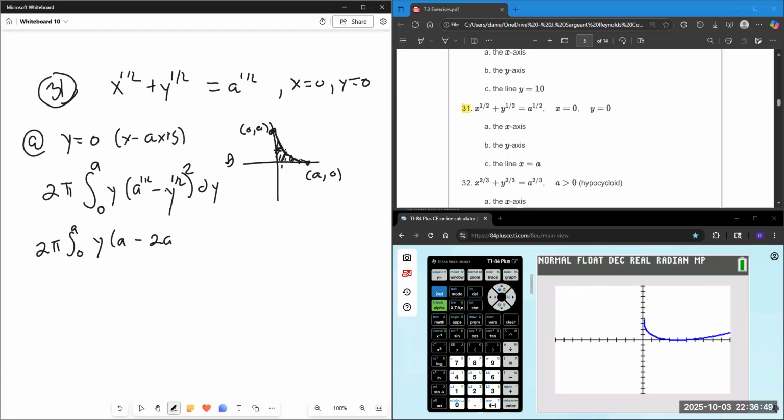a minus 2a to the 1/2 y to the 1/2 plus y dy, 2 pi, 0 to a, y minus 2a to the 1/2 y to the 3/2 plus y squared dy.